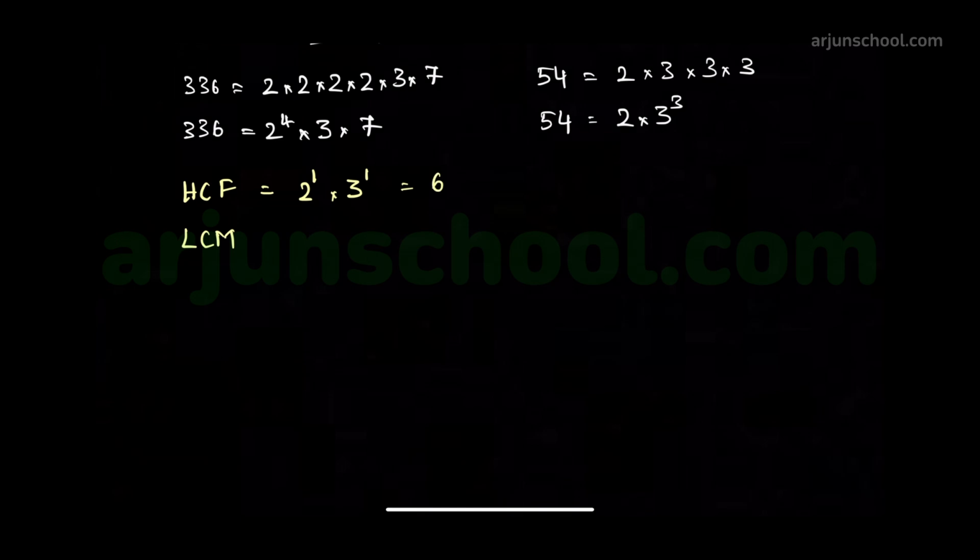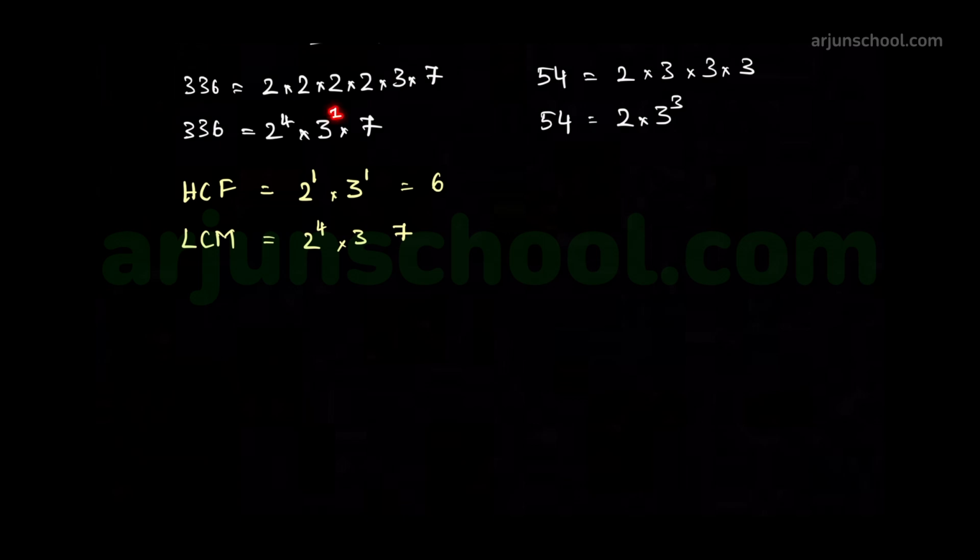Now let us find the LCM. Write down all the primes occurring in both the numbers: 2, 3 and 7. What is the highest power for 2? It is 4 from 336. And what is the highest power for 3?